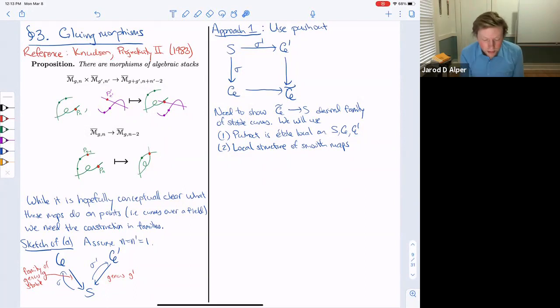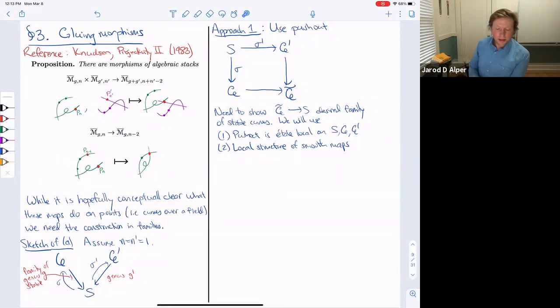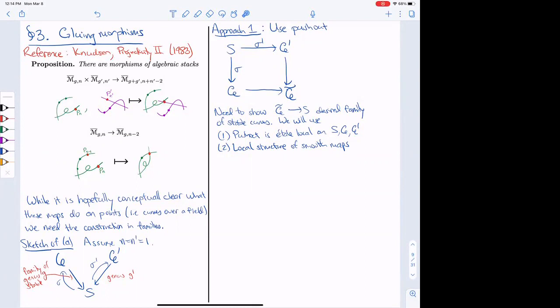And the other map takes a genus g curve with n marked points and just glues the last two points together. And what we want to show is that this is a well-defined process, even over a fixed field. It's conceptually clear how you glue points together, but we also need to work through the algebra, and we need to show that this works in families.